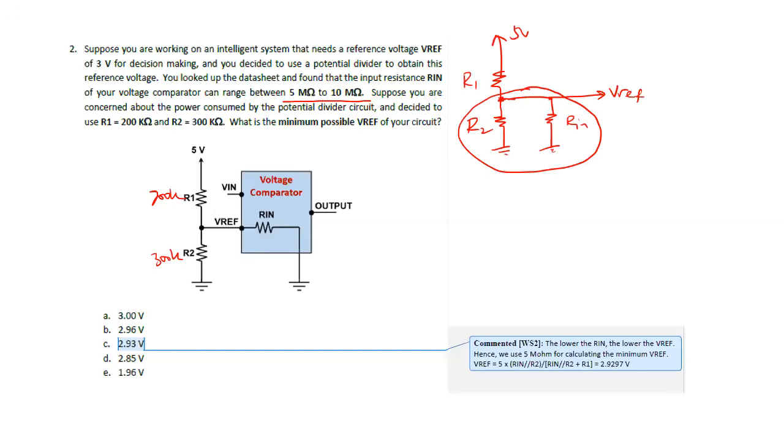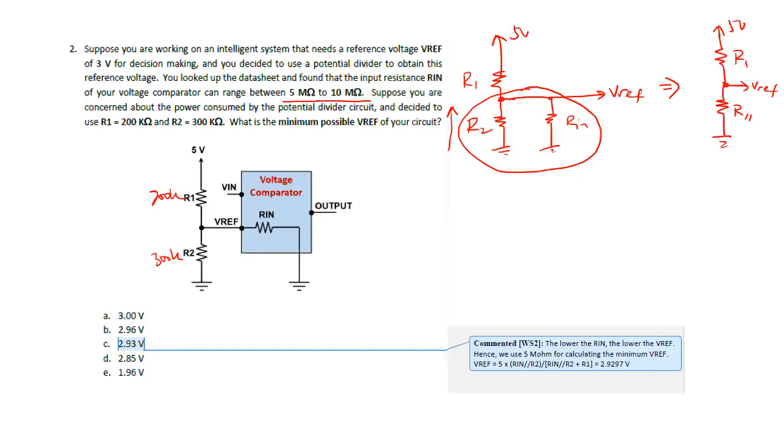So effectively this is a voltage divider. Vref is the combined voltage of these two resistors against the total resistance multiplied by 5 volts. If I simplify it, it will be 5 volts here, R1 here, and an R parallel here.